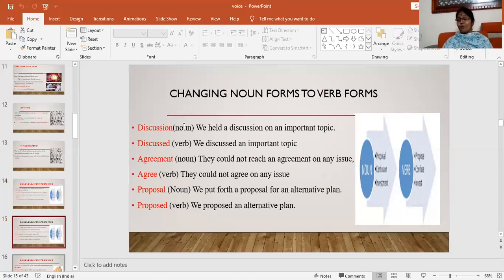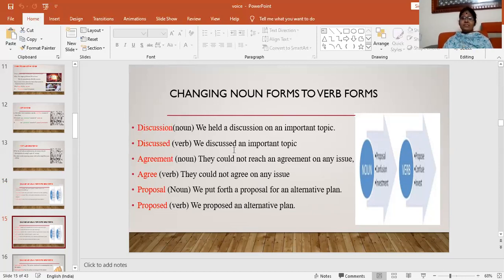Discussion is a noun form. We held a discussion on an important topic. I want to change this using a verb form. So discussion will become discussed and the sentence will be we discussed an important topic. Just see how simple this is. We discussed an important topic, rather than we held a discussion on an important topic.